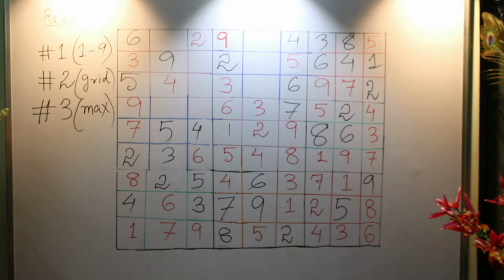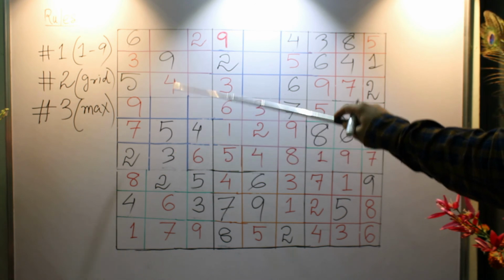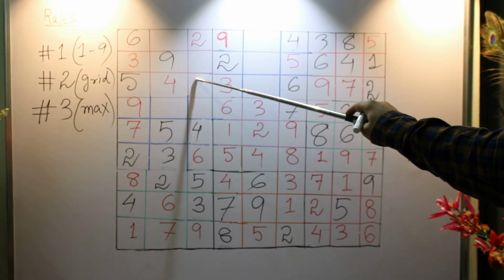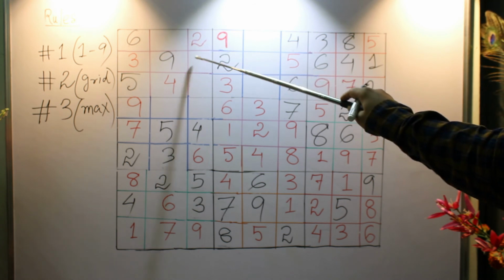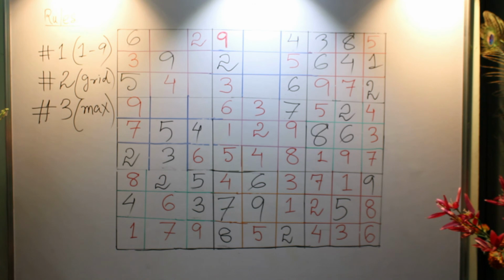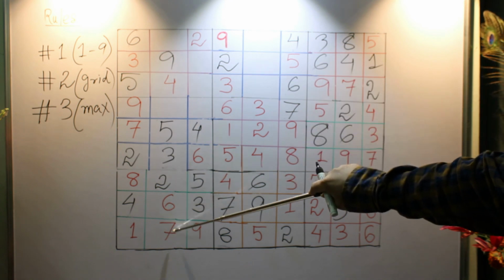Now, we cannot place 7 here because of this 7.